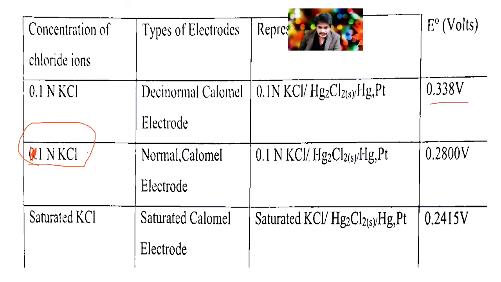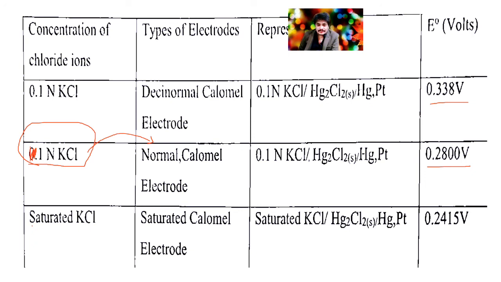Then the calomel electrode is called a normal calomel electrode, and this is how it is represented. The standard reduction potential value of this normal calomel electrode is 0.2800 volt.